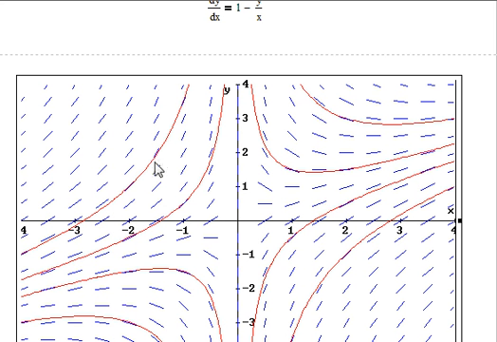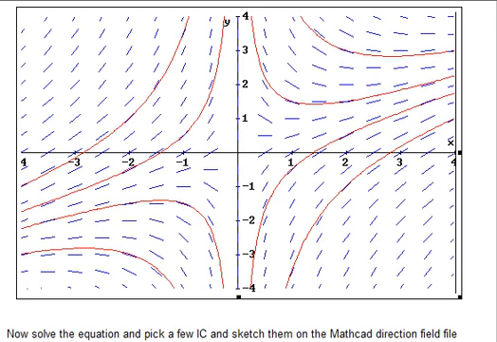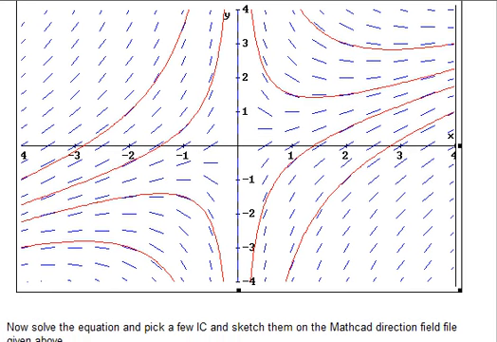If we had a particular initial condition, it would be the solution that goes through that point. Granted, this is a graphical method to solve a differential equation, and all we're going to get out of it is which one of these graphs to use to approximate.